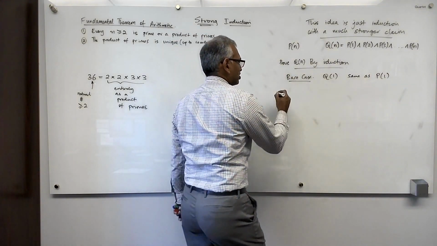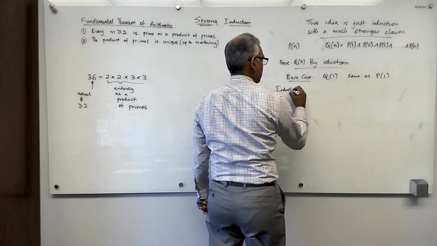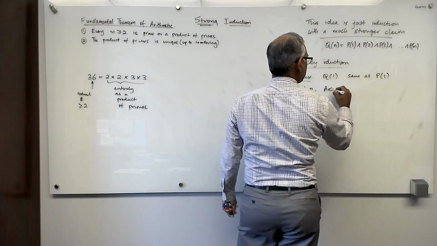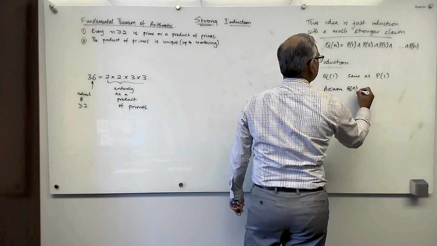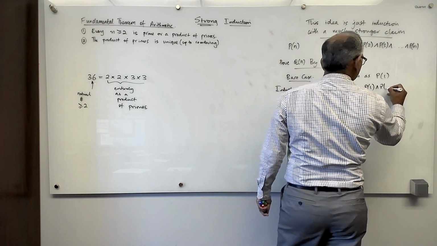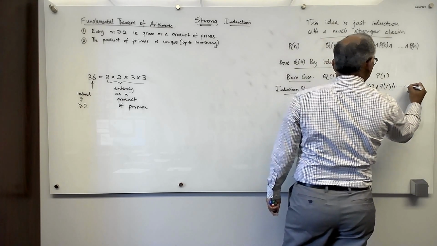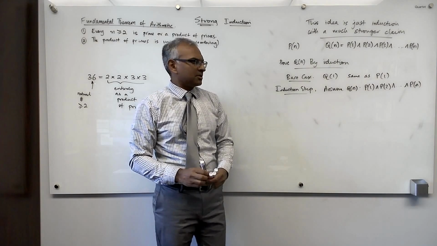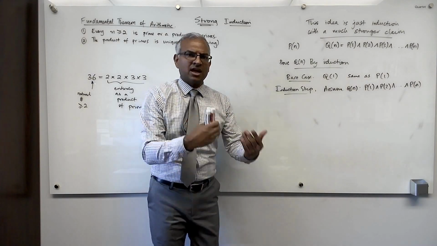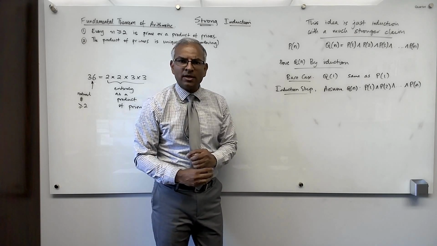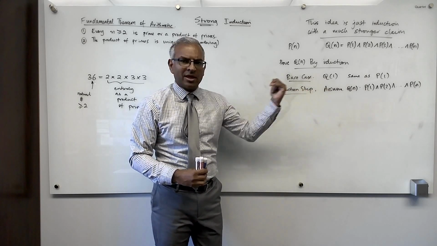Okay. Induction step. Assume Q of n. What do I get to assume? P of 1 and P of 2 and all the way up to P of n. Okay. Remember, this was the idea that we just discussed, that at the time when you come to trying to infer P of n plus 1, you know that 1 to n are all true.